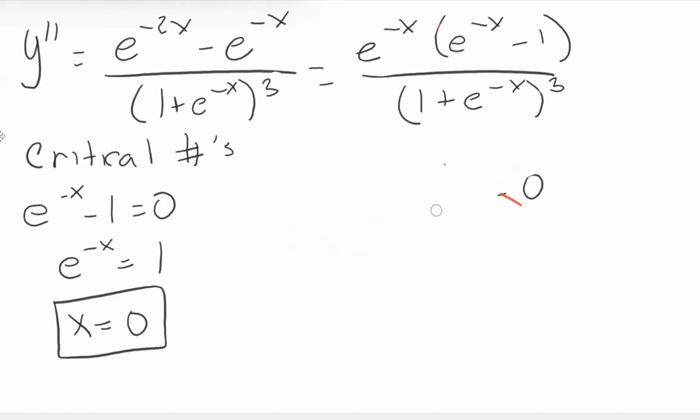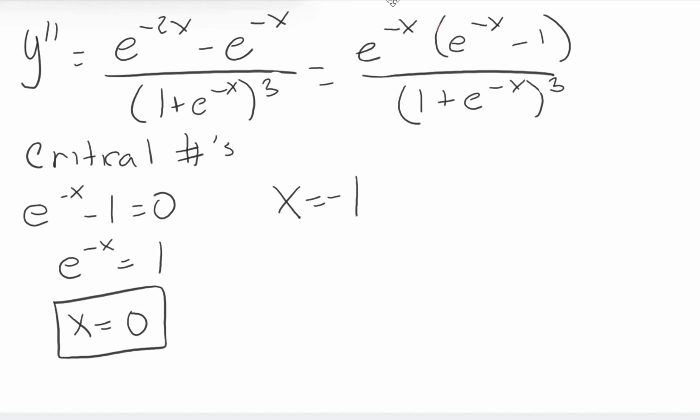I'm going to erase this because it's going to be easier to write. Now, again, we're looking for if it's positive or negative. That's all I care about. If I chose x is negative 1, so e to the 1, that's positive. E to the 1 minus 1, so is e bigger than 1?